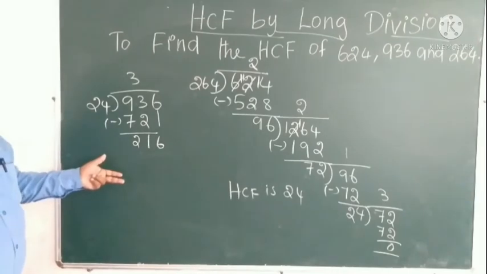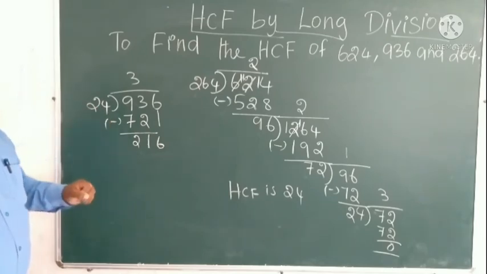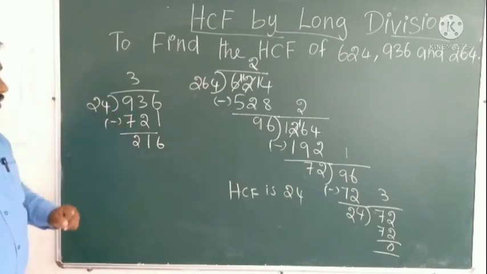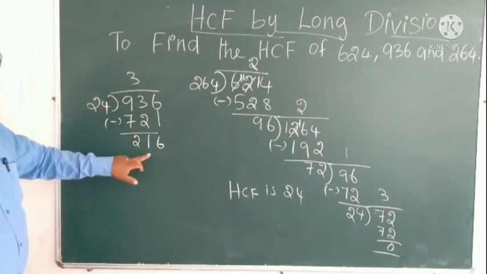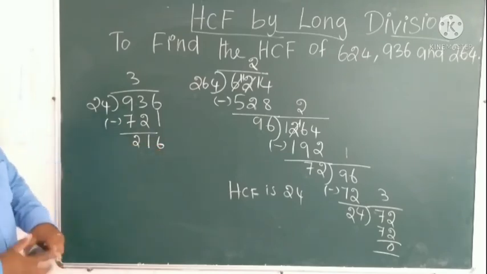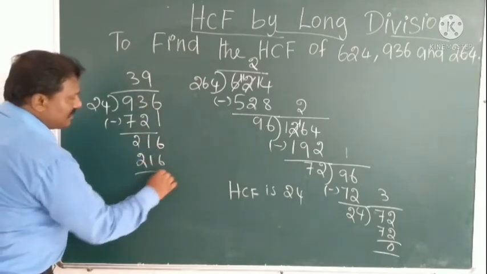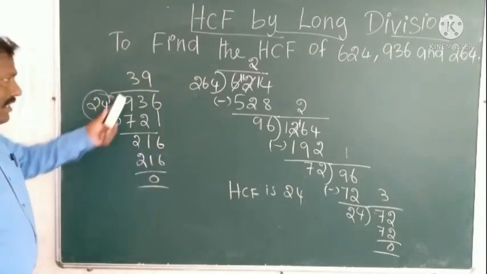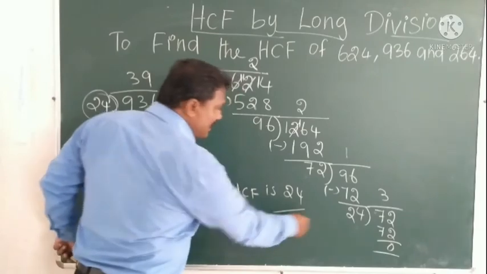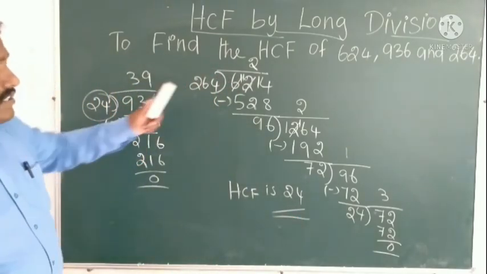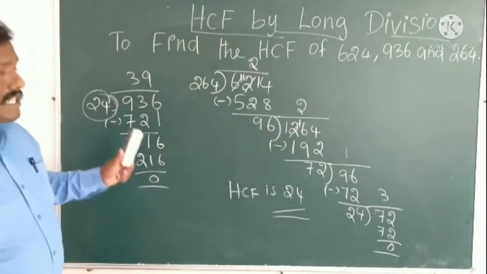We want to find out whether 936 is divisible by 24, which means we have to find remainder 0. So 3 24s are 72, then remains 21, then 6 is remaining, so take down. Now 9 24s are 216, then 0 means 936 is also divisible by 24. So 24 is the highest common factor for these 3 numbers, 624, 936 and 264. These 3 numbers' highest common factor is 24.